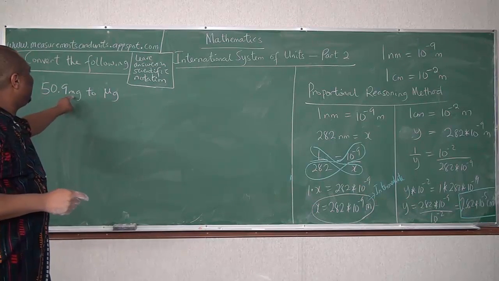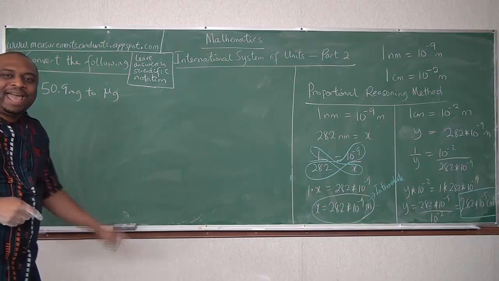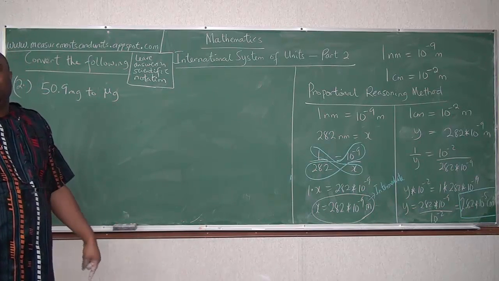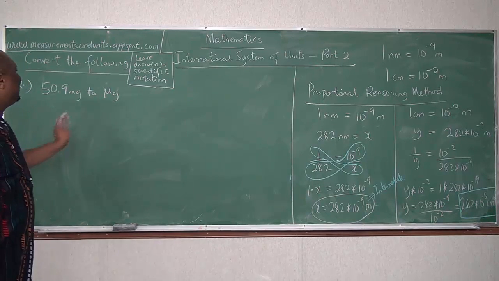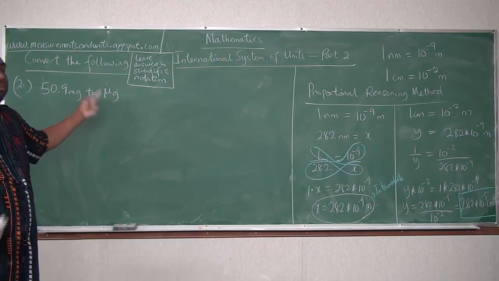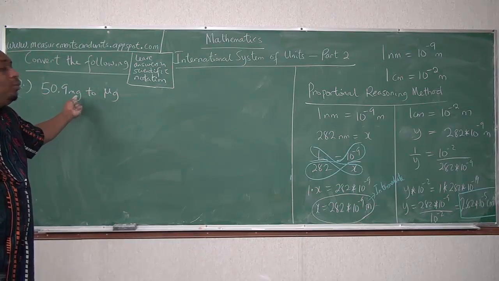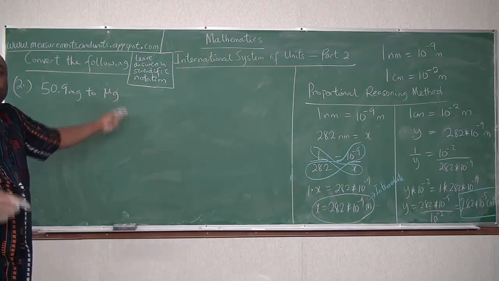The main thing is the prefix. Milli, centi, deci, hecto, deca, pico, tera. Those are the main things. So we will still use the same principle, because the unit is the same. The unit is gram here. This is just milligram and this is microgram.